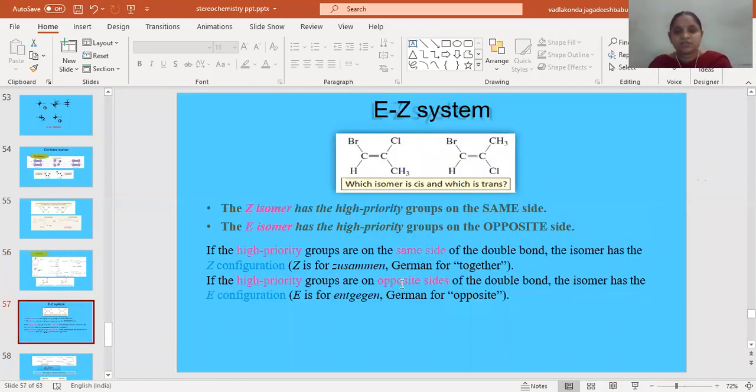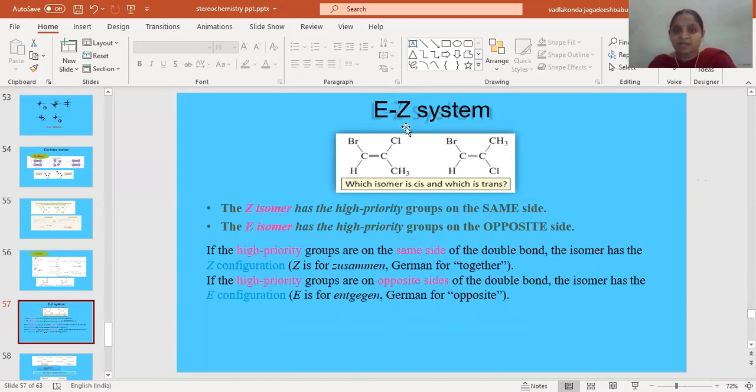So for example, if we observe these two molecules here, one carbon has bromine and hydrogen, and the other carbon has chlorine and methyl. Four different groups are present around the carbon-carbon double bond. So if we want to assign nomenclature to these compounds, we have to go for the EZ system, because the cis-trans nomenclature does not work here.